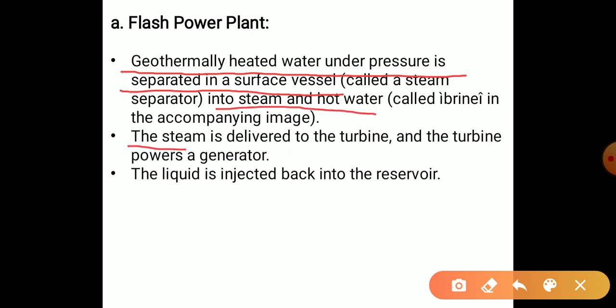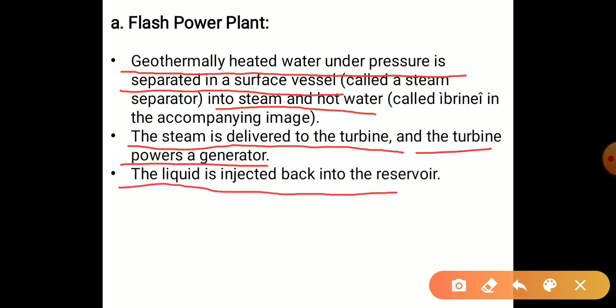The steam is delivered to the turbine and the turbine powers a generator. The liquid is injected back into the reservoir. This is the basic step by which power generation goes on for the flash type of plant.